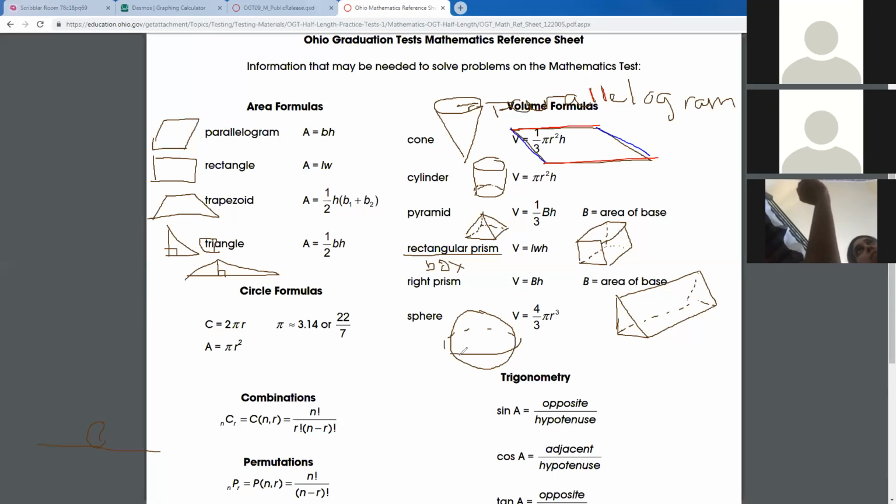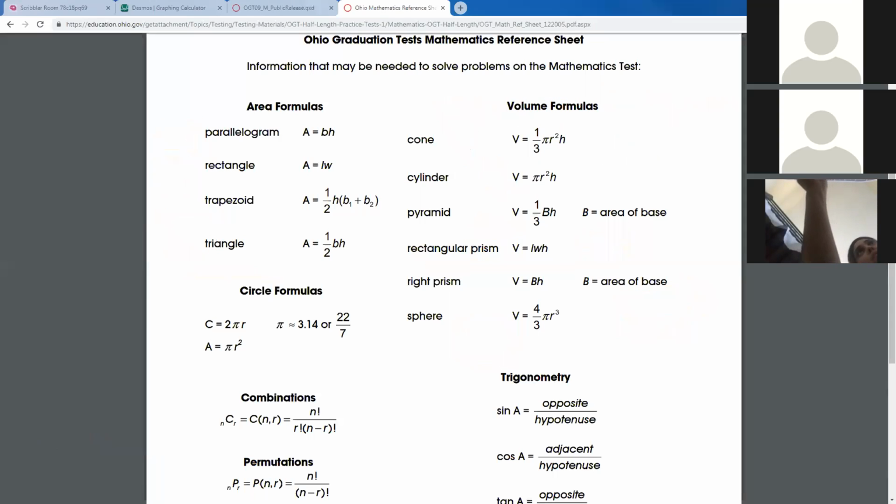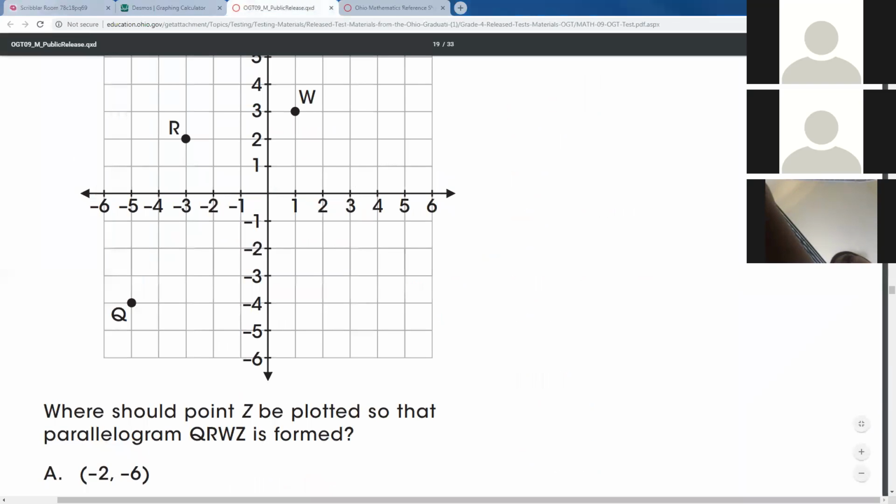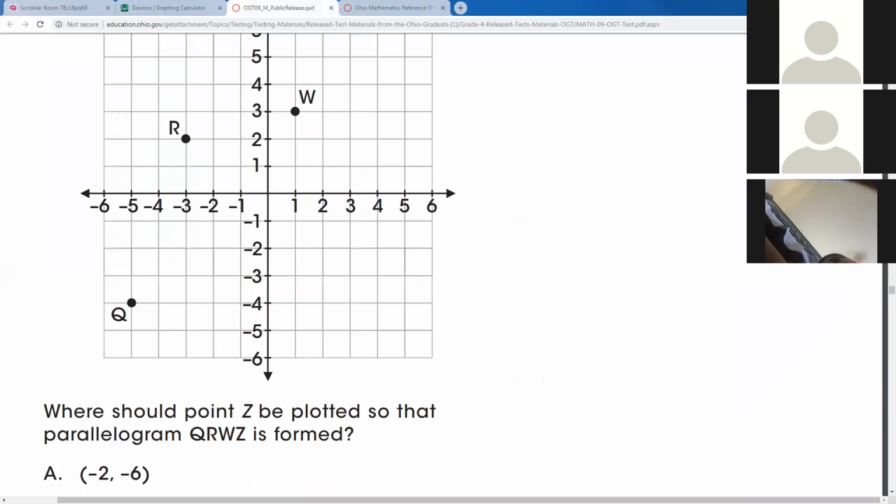Okay, so I'm going to go back to the problem now. And I'm going to erase everything I drew so that it doesn't muddy up the problem. So we want a tilted rectangle. A parallelogram is the tilted rectangle.